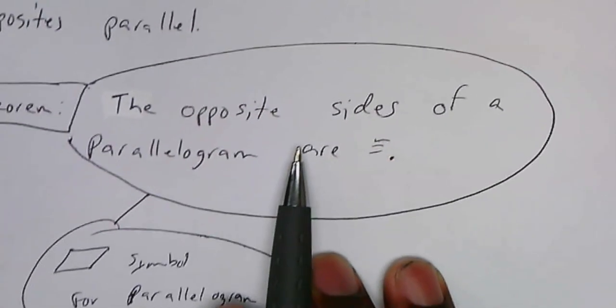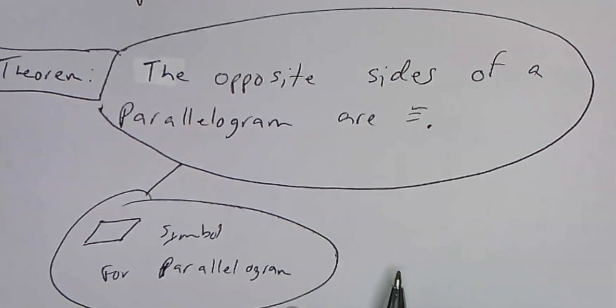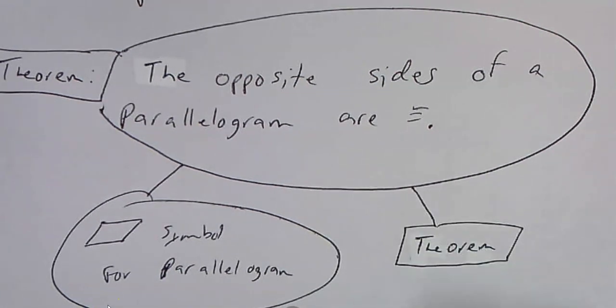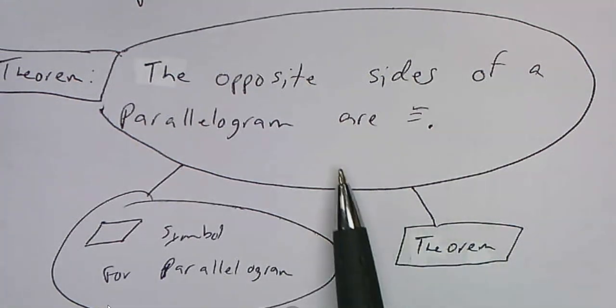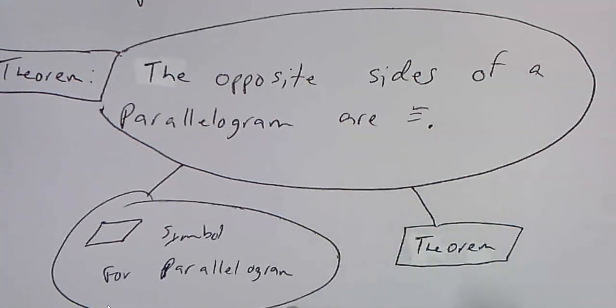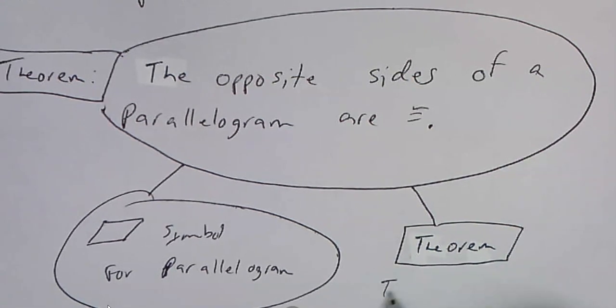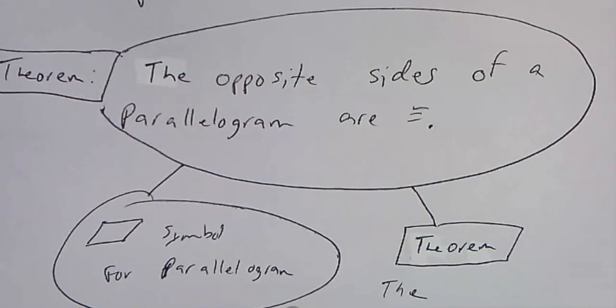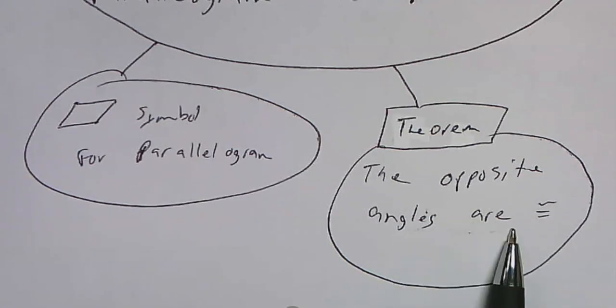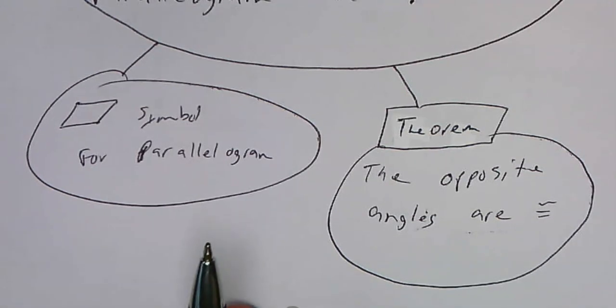Another property that goes along with opposite sides being parallel and opposite sides being congruent is that the opposite angles are congruent. So another theorem is the opposite angles are congruent, as in they're the same size.